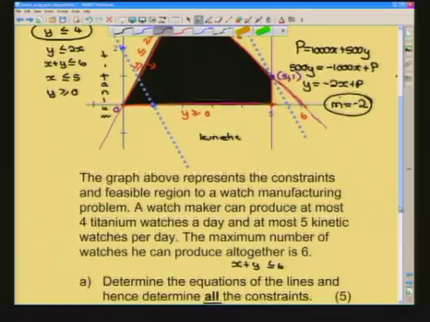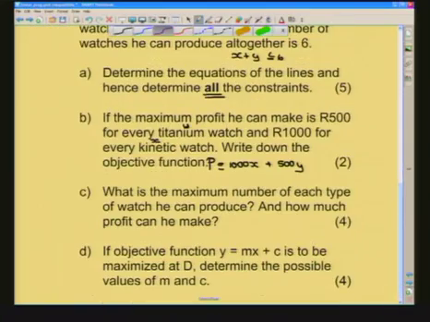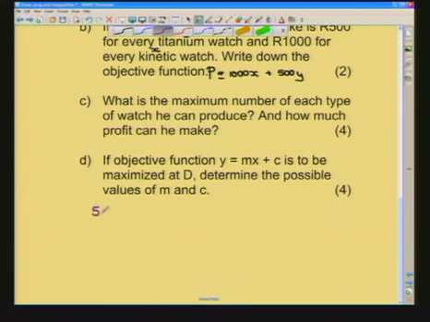So let's just go and write that up. We want 5 kinetic and 1 titanium ensures maximum profit.